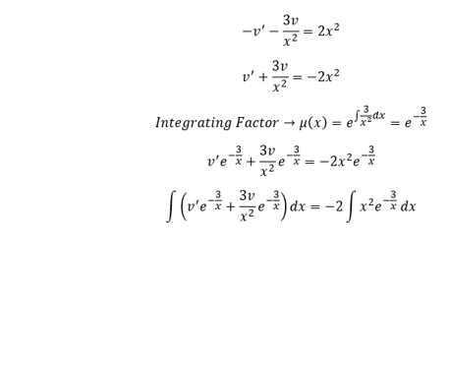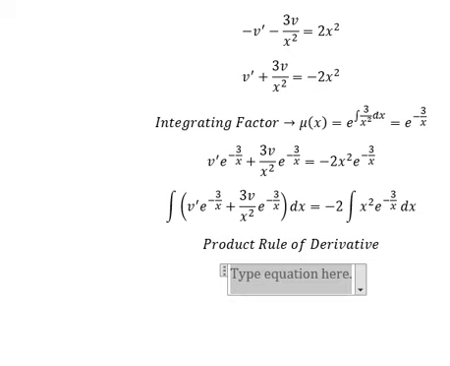Next, we can use the product rule of derivative. So we have first derivative of y equals first derivative of a multiplied by b plus first derivative of b multiplied by a.